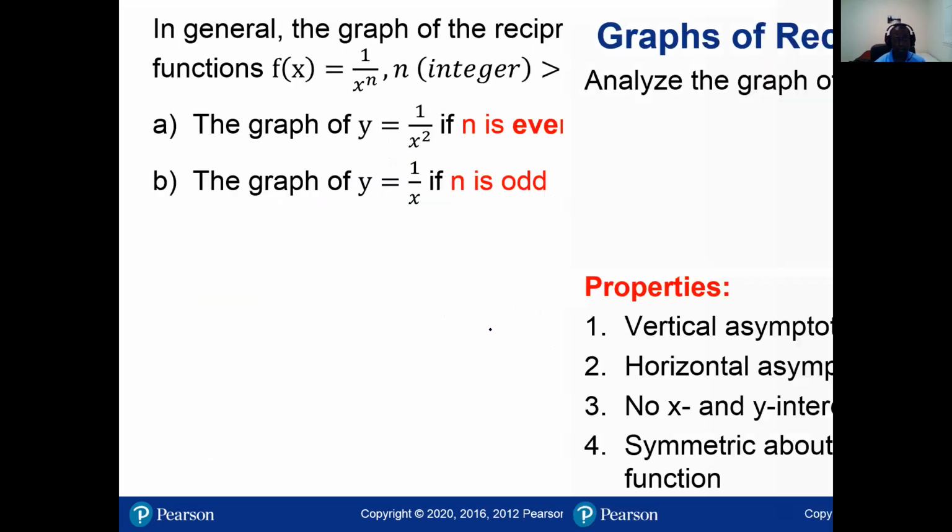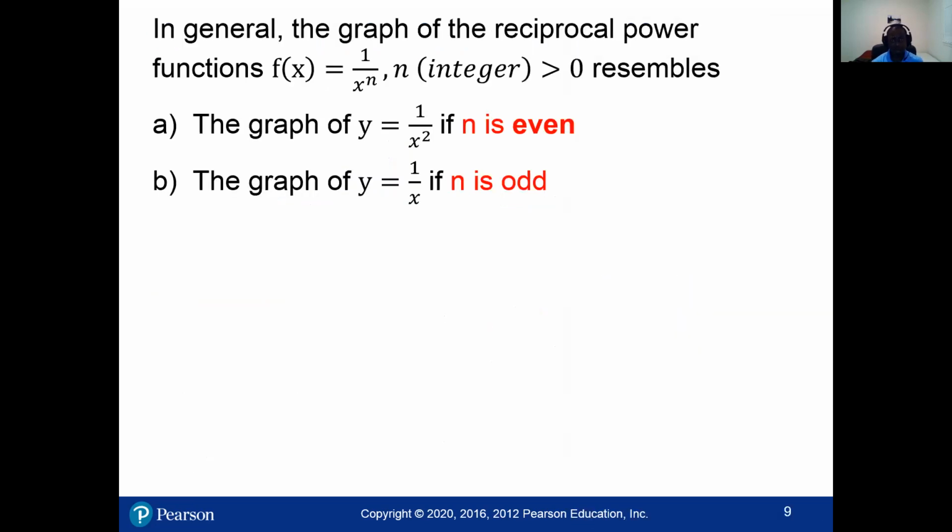Now, in general, for any reciprocal function or power function 1 over x raised to n, where n is an integer greater than 0, it resembles the following. If n is even, the graph resembles the graph of 1 over x squared.